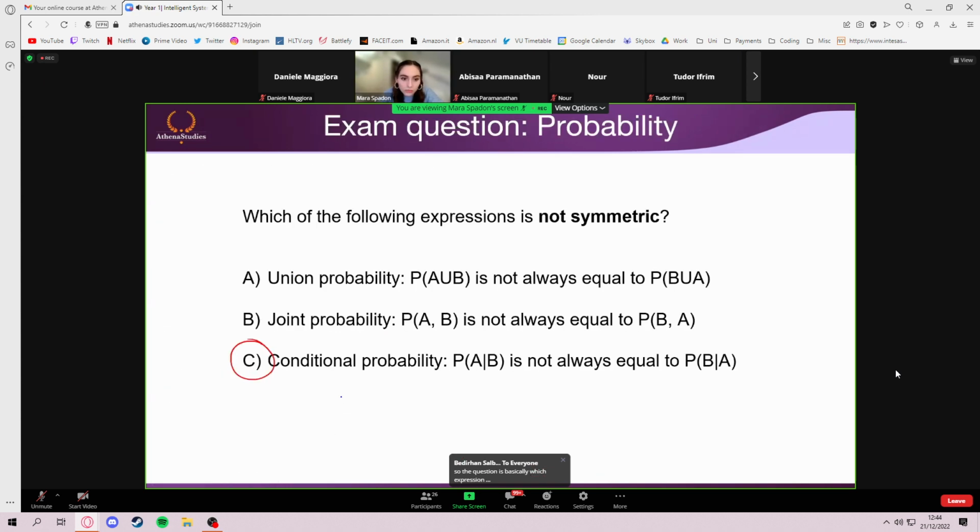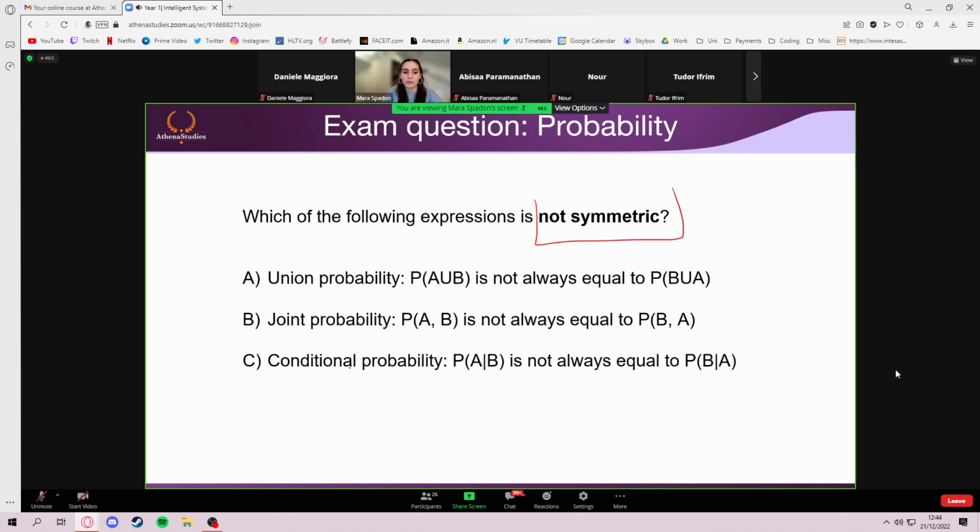Why is it saying then that P, A or B is not always equal? Is that just a false statement? Are there two false statements and one true? Is that the point of the question? No, it asks which one is not symmetric, so I guess just which one is true. Yeah, okay.